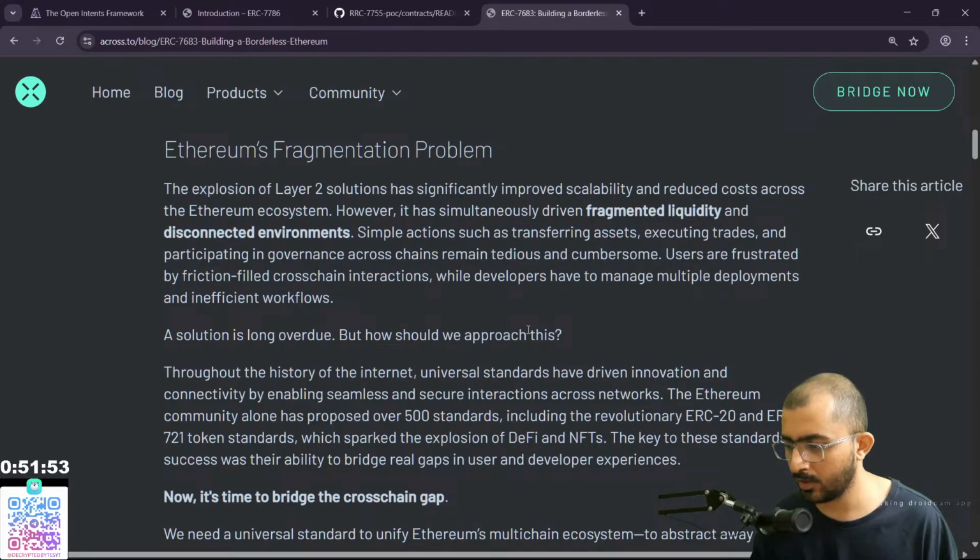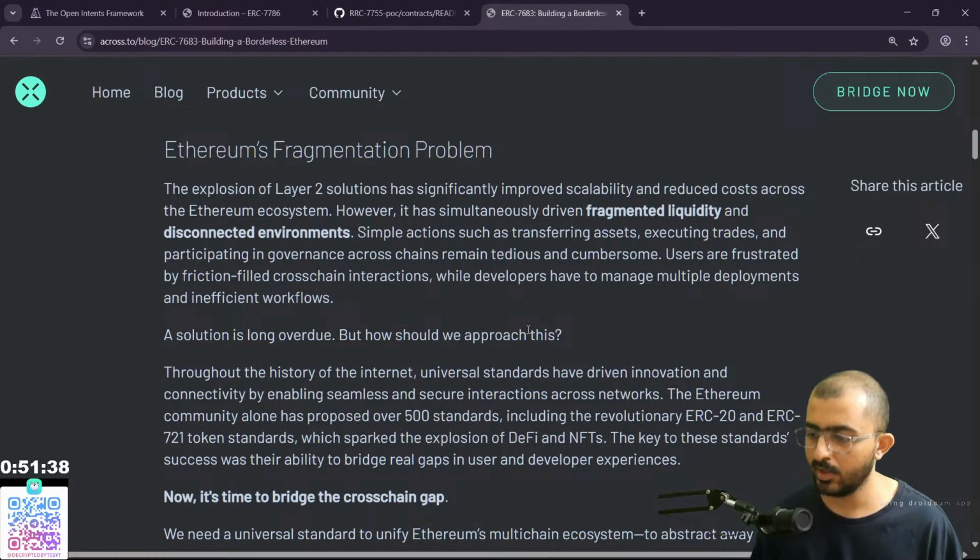Simple actions such as transferring assets, executing trades, and participating in governance across chains remain tedious and cumbersome. Users are frustrated by friction-filled cross-chain interaction, while developers have to manage multiple deployments and inefficient workflows. A solution is long overdue, but how should we approach this?